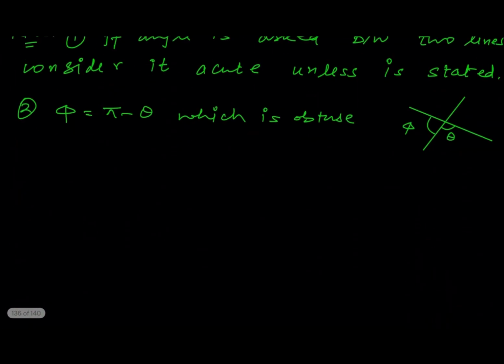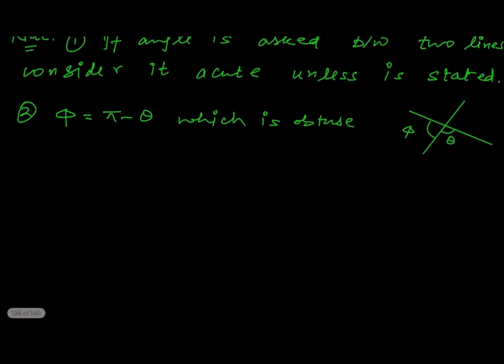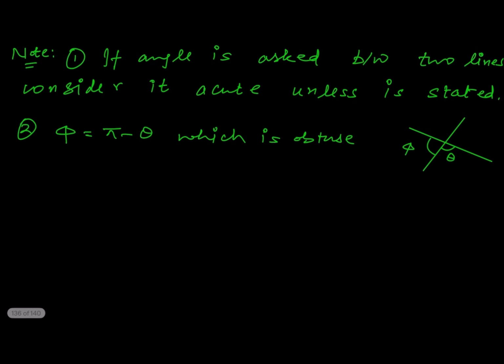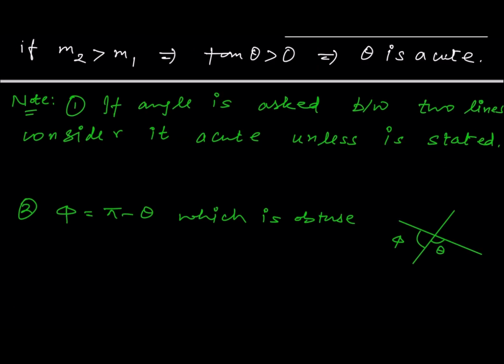Right? So always there are two angles when two lines intersect. Theta in general, when we are asked to find the angle between two lines, so theta is tan inverse of mod of m1 minus m2 upon 1 plus m1 m2.